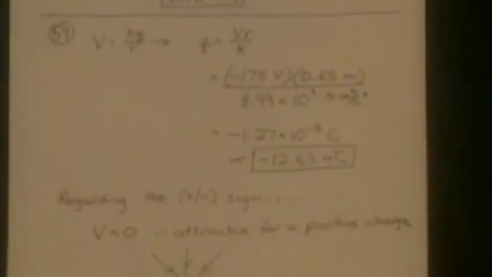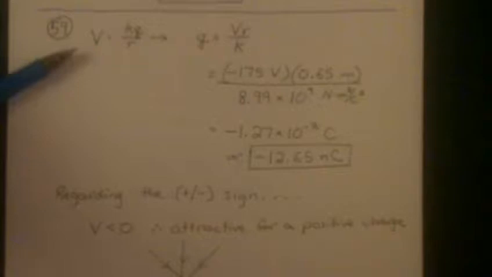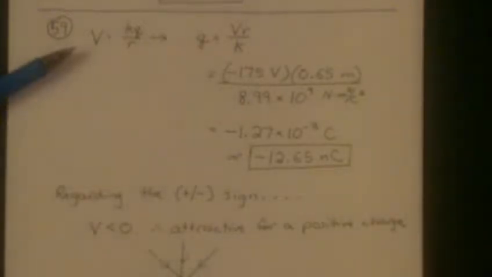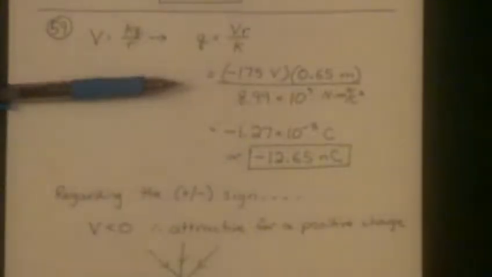Number 59. The potential difference from a point charge is k times the charge divided by r, so we're solving for that charge. The charge is negative 175 volts times 0.65 meters divided by our k constant, 8.99 times 10 to the 9th.